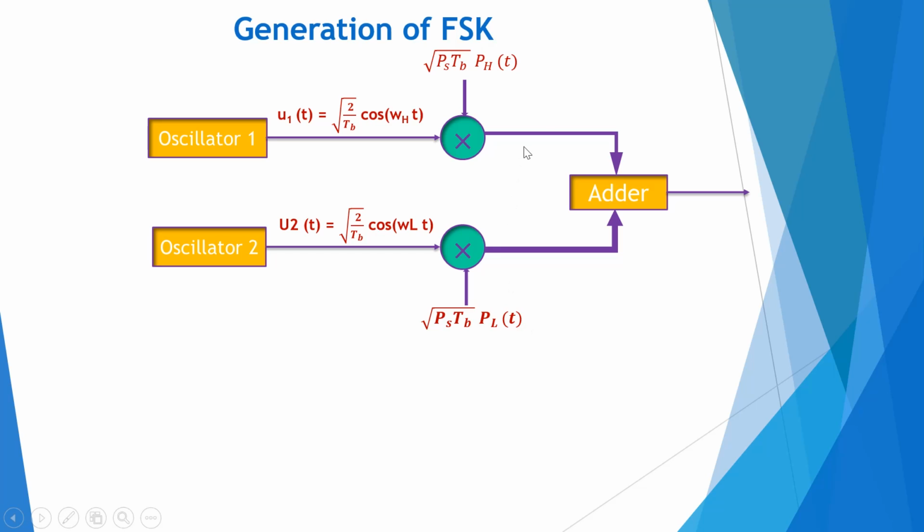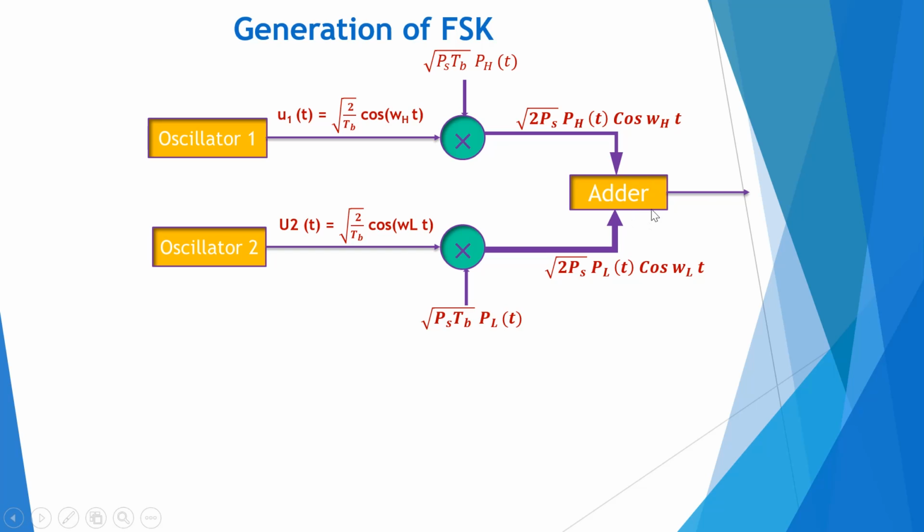The output of the first multiplier is square root of 2 PS, because this TB and this TB get cancelled out, so we get square root of 2 PS times pH(t) times cos(ωH t). Similarly at the lower side we get square root of 2 PS times pL(t) times cos(ωL t).